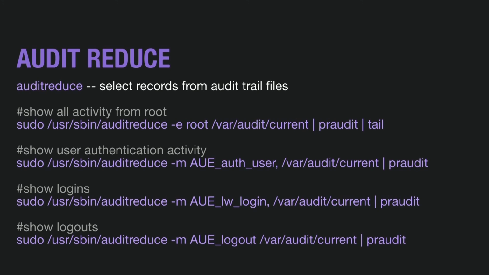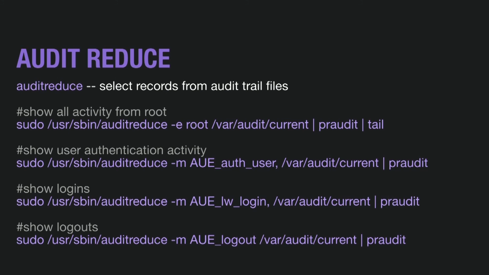Audit reduce. It allows you to select records out of audit files. So you can do a little bit more fine tuning, because again, if you just show all activity, you're going to wait for a minute, and then you're going to get back a ridiculous amount of information. So if you just wanted to see activity from the root user, you would do your sudo /usr/sbin/auditreduce -e, which is for what user you want to see.